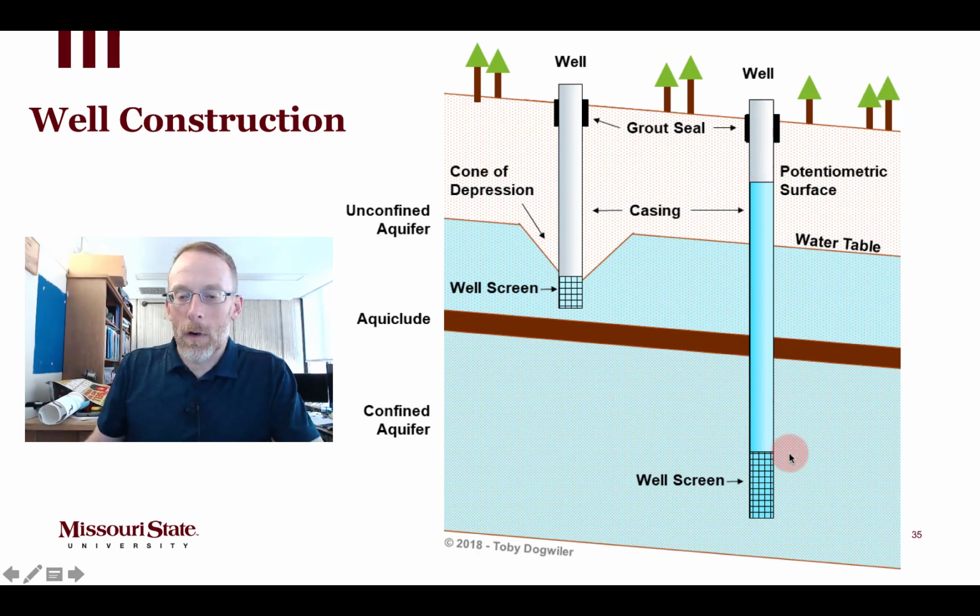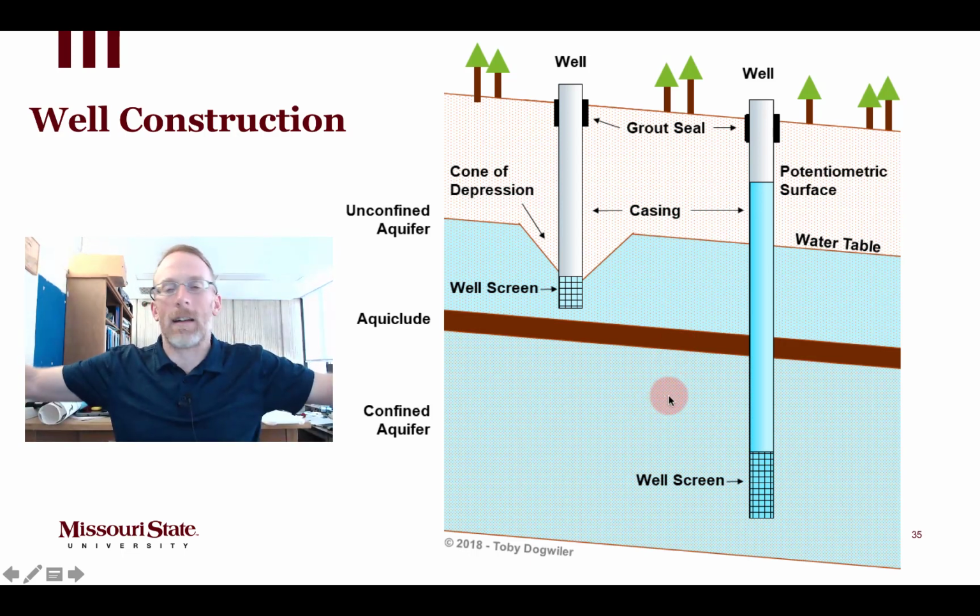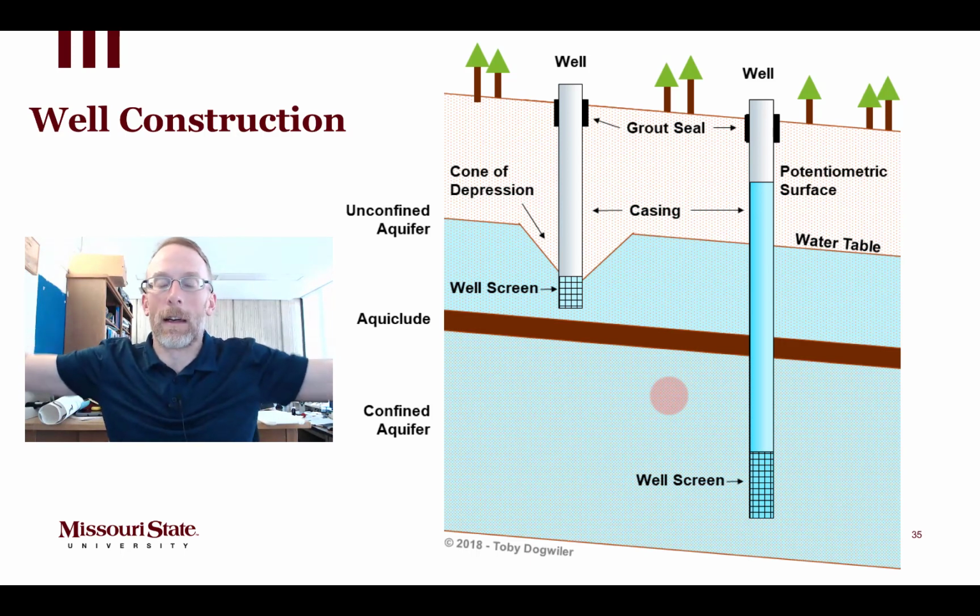All right, moving to our confined aquifer. Here we've got an aquiclude. So this aquiclude, think about it like a clay or a shale, something with really low permeability. So water from the surface can come down to the unconfined aquifer, but this water in the unconfined aquifer is isolated and can't penetrate through this aquiclude. So the water under the aquiclude has to be coming from somewhere else in the distance, and I'll explain that geometry that allows that.